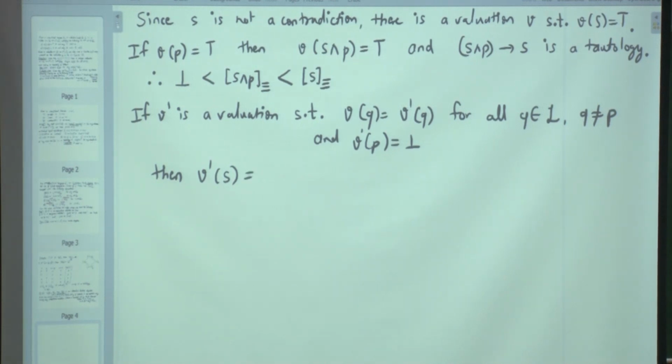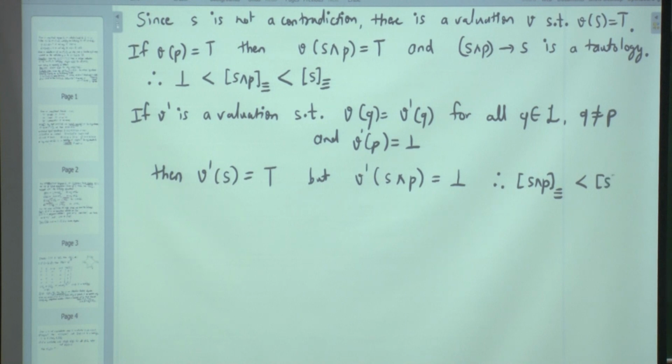Because S does not contain P, the values are not going to change. So V prime of S is equal to true, but V prime of S conjunction P is false, because P is not true, and therefore the class of S conjunction P is strictly smaller than the class of S.